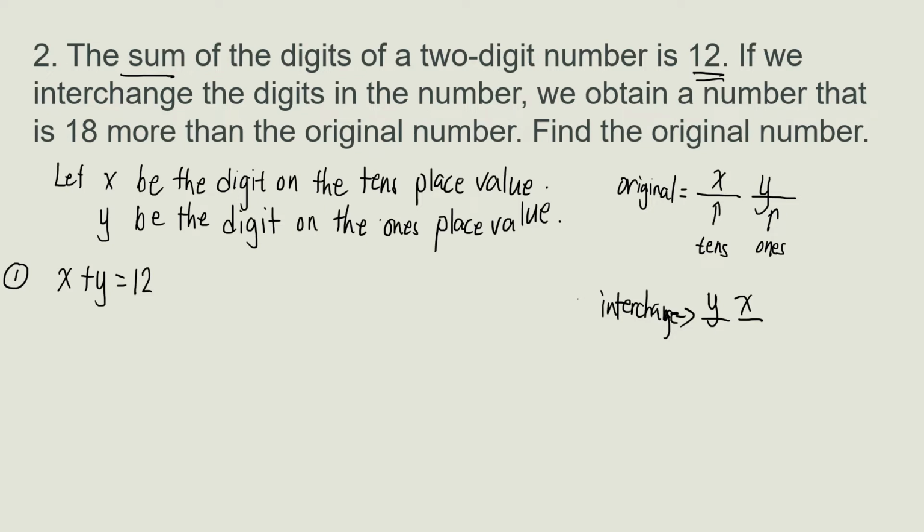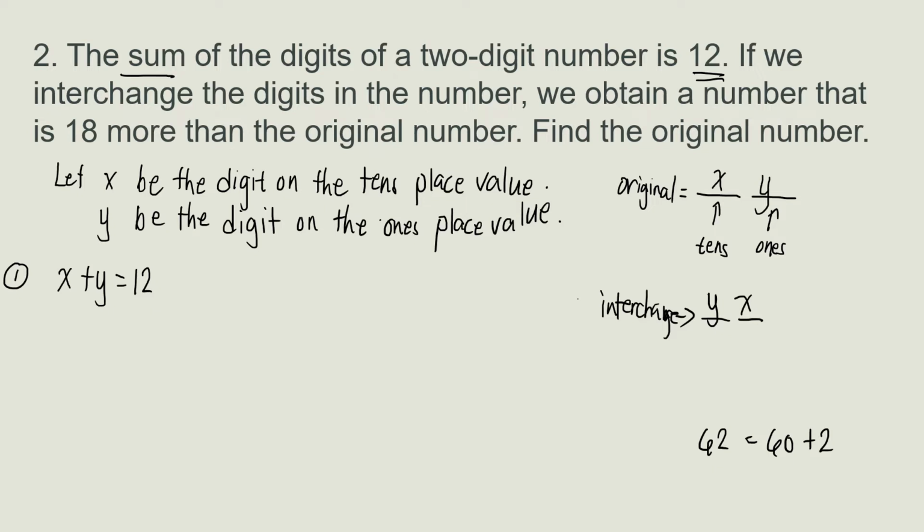How do we write a number in its expanded form? You learned this one in primary. Let's have an example, a real digit. For example, you are given 62. If we write this in expanded form, this is equal to 60 plus 2.